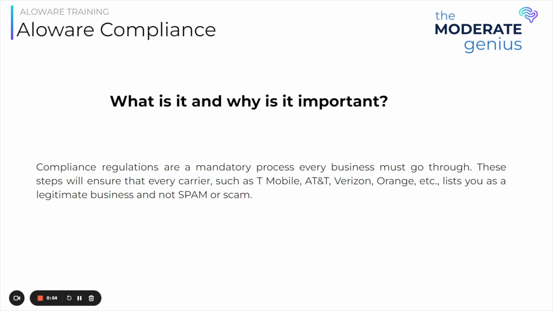The sole purpose of this is to provide them with proof that your business is legit, that you are not a scammer and not a spammer. That is the sole purpose of all these compliance steps.